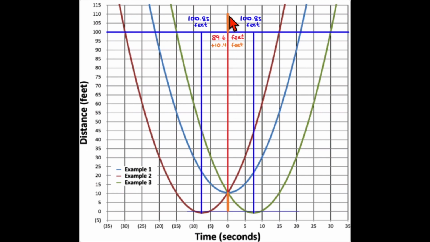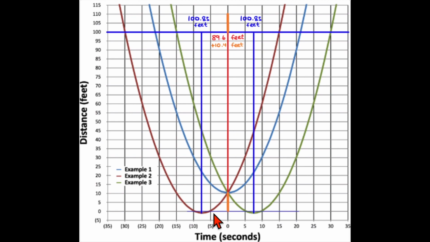This is 100 feet from rest, but at the same time, it is 110 4/10 feet from its point 0. So here's point 0, I'm going to go up 100 feet plus another 10 4/10 feet. So that point right there is 110 4/10 feet from its point 0.